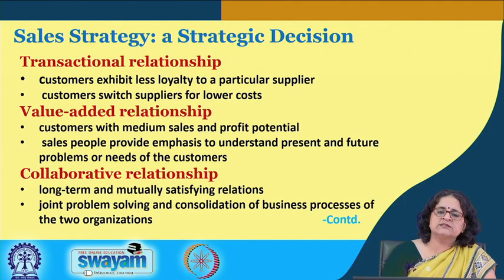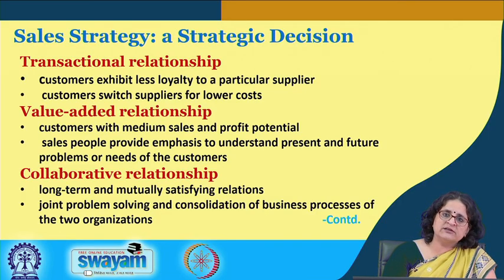The third is the strongest relationship, where we have collaborative relationships and partnerships. These are long-term mutually satisfying relationships. Generally, a marketer or a supplier would be interested in this kind of relationship with those customers or the cluster of customers who are high on sales and profit potential. So, both parties desire long-term relationships.